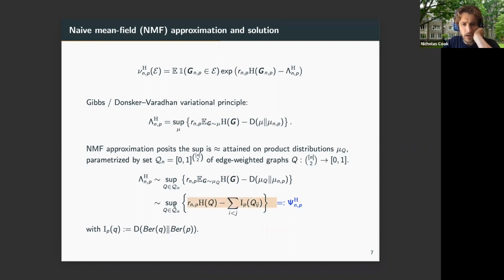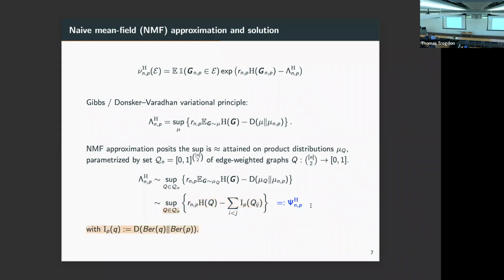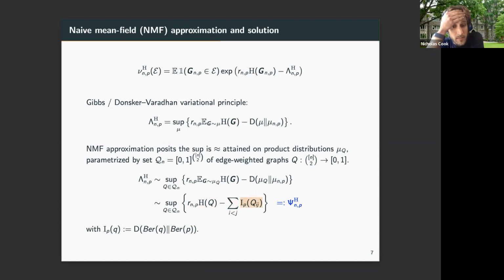Okay, so this is what we'll call the naive mean field approximation for the normalizing constant. I'm going to write that as psi. And over here, since you have a product distribution, the relative entropy just splits into a sum over the relative entropy of Bernoullis with respect to the reference Bernoulli P measure. Okay.